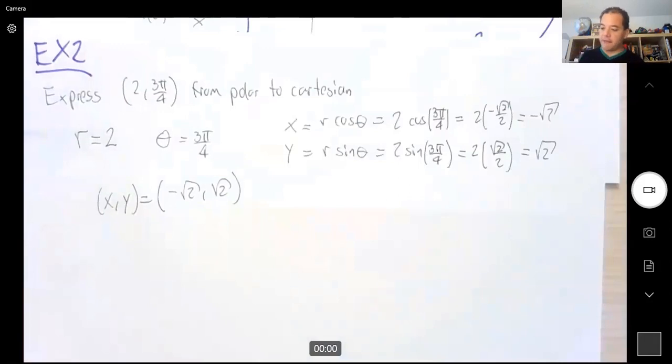Easy, right? From polar to Cartesian is actually always very straightforward. The other way around, we just get one set of polar coordinates, right? We don't need to get all of them. We only need to get one.